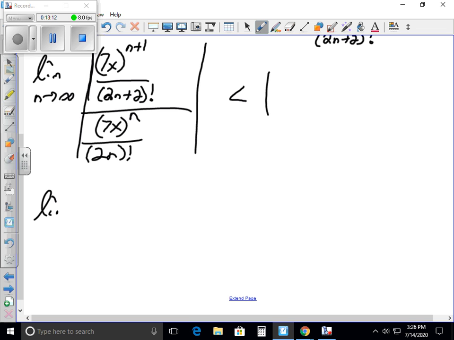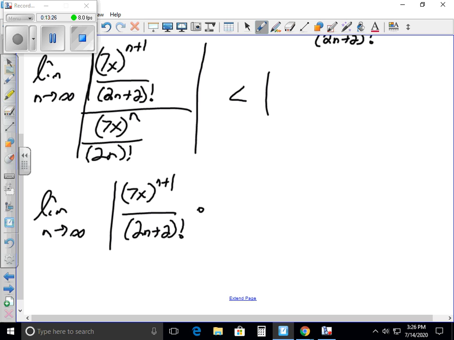So since we're dividing by a fraction, we can multiply by the reciprocal. So 7x to the n plus 1 over 2n plus 2 factorial times 2n factorial over 7x to the n.